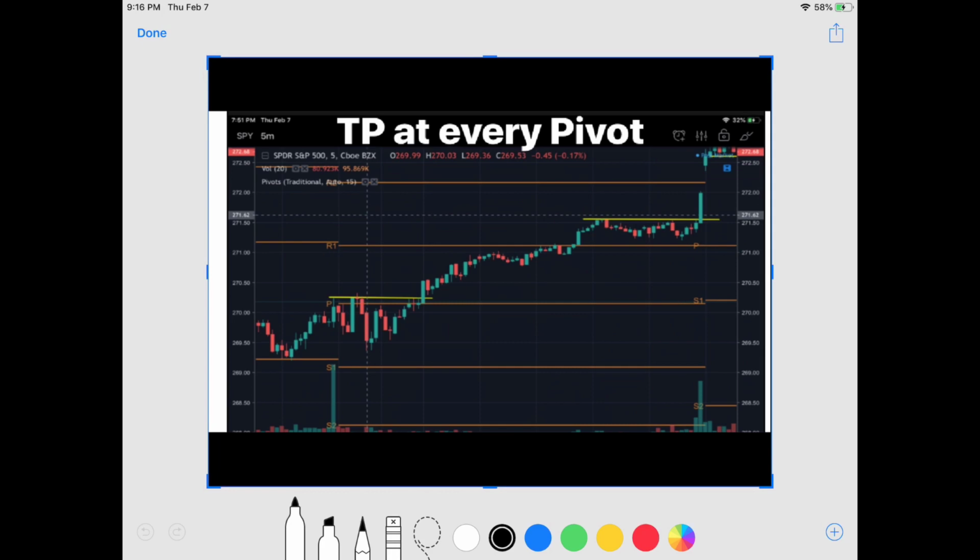So this is how I use pivot points. So what it's saying is, you see P, right? Your resistance 1 level, resistance 2 level, support 1 level, support 2 level, they are all based on the averages of yesterday's high, low, and close prices.